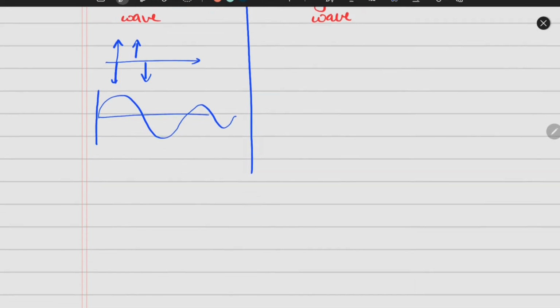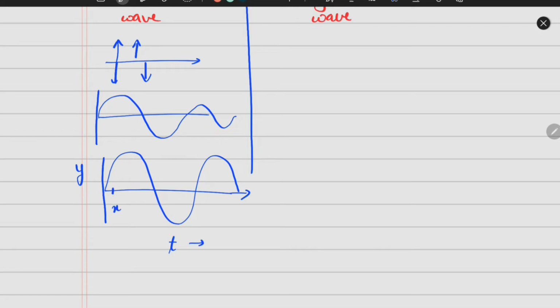Let me draw this again. So this is the y and this is the time t, and at this position this is the x position: x1, x2, x3. Here the particle at the x1 position is displaced this much.